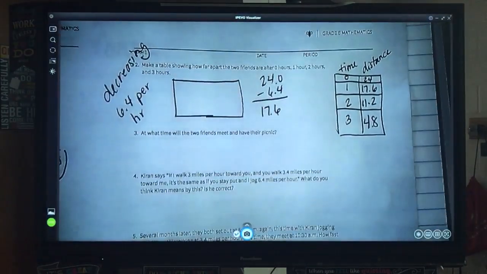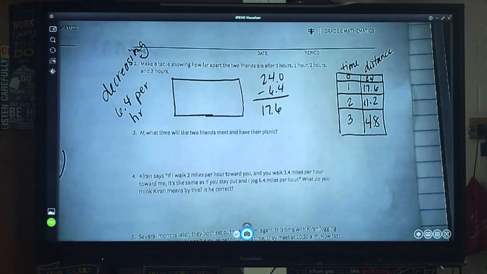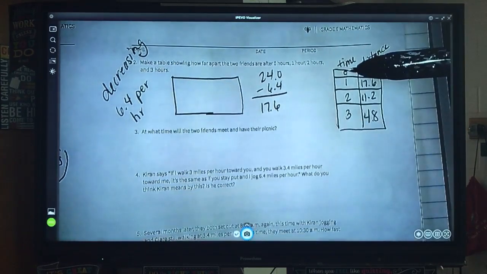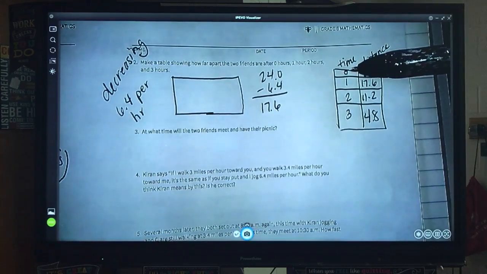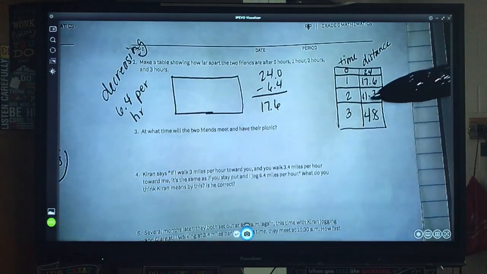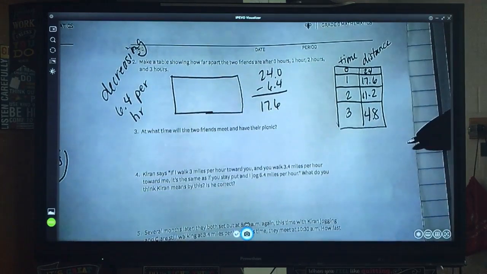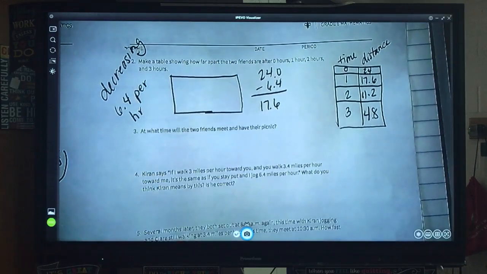All right, number 3 says, at what time will the 2 friends meet and have their lunch? Even if you're not sure, this should help you out. What time did they start? 8. They started at 8, and our chart went to how many hours? 3 hours. So that already tells you it's going to be 11.